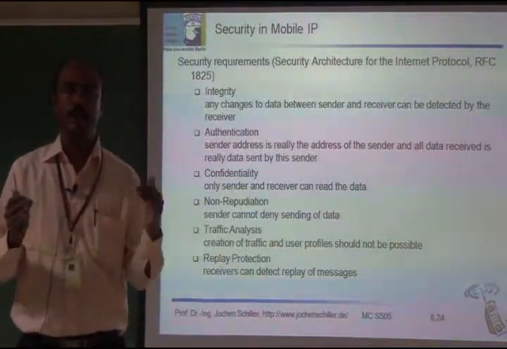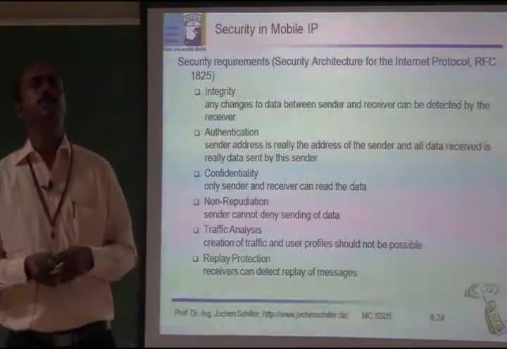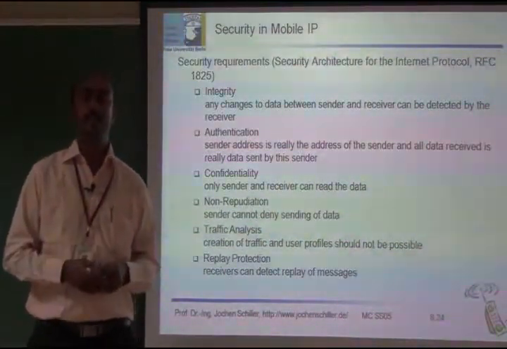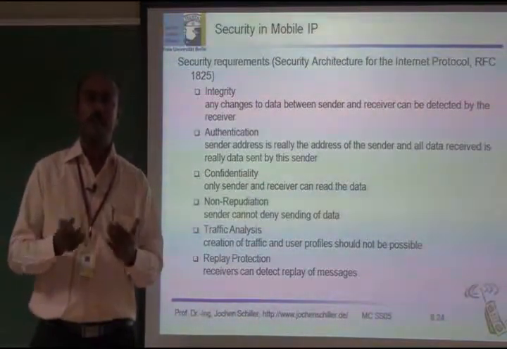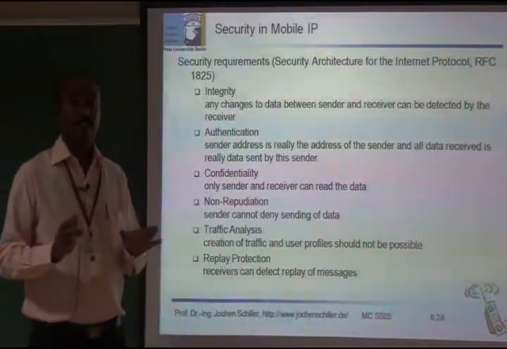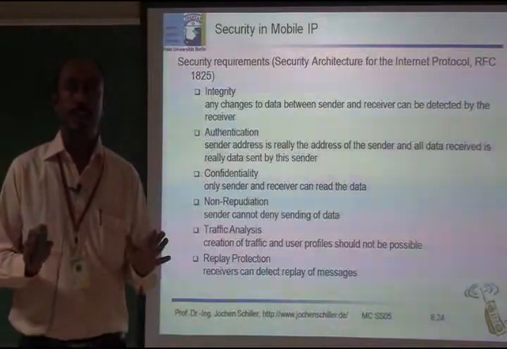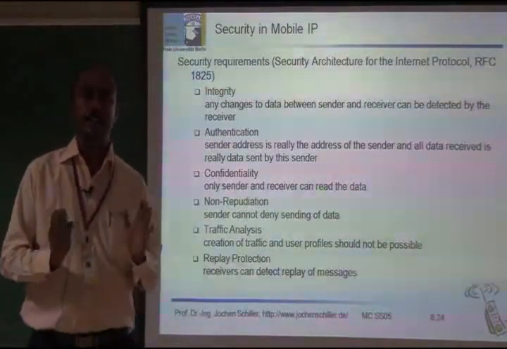It learns what types of messages are transmitted from A to B. Suppose A transmits 10 messages to B; all 10 messages are read by C. That is called traffic analysis. Traffic analysis does not alter or modify the data; it only copies and analyzes the data.